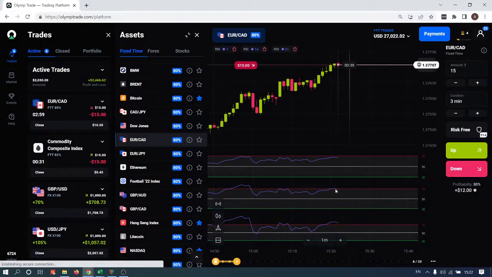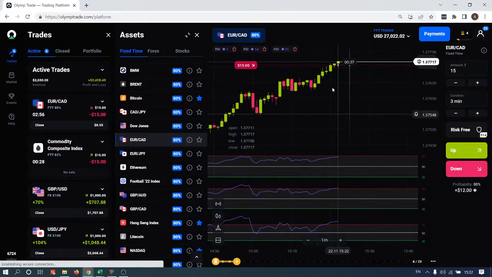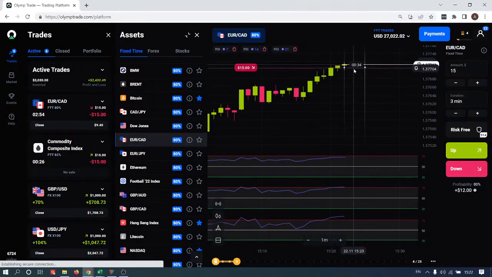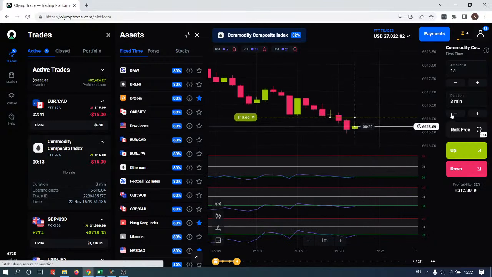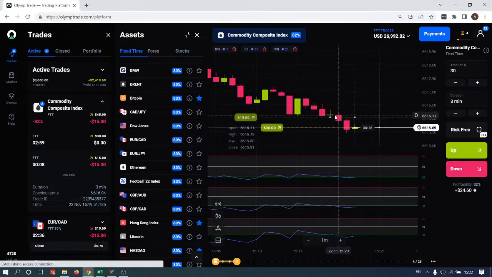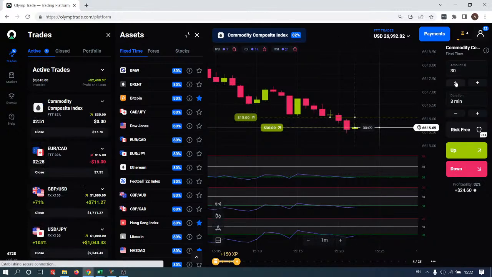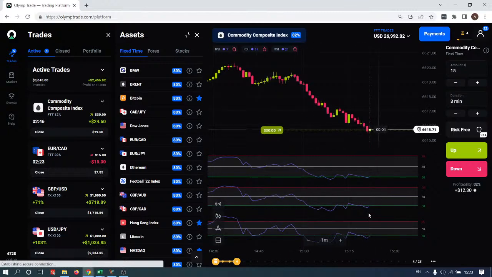We are very near to the overbought area, so we can open a trade in the opposite direction, so a down trade. And we can open another trade here, commodity composite index. Yes, the first trade will now probably close with a loss, unless a huge spike just happens out of nowhere. But we can use this next signal because the signal is there.